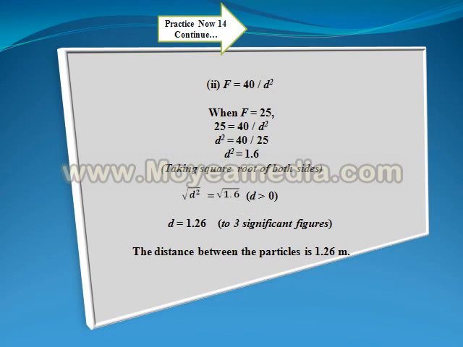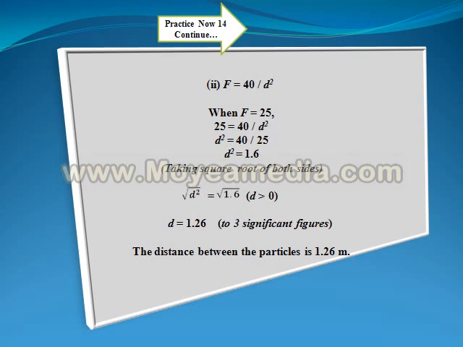So square root will be cancelled with the square. So we got d, and the square root of 1.6 is 1.26, and it says up to 3 significant figures. You have studied in grade 5 basically what is the meaning of significant figures. It means here 3.